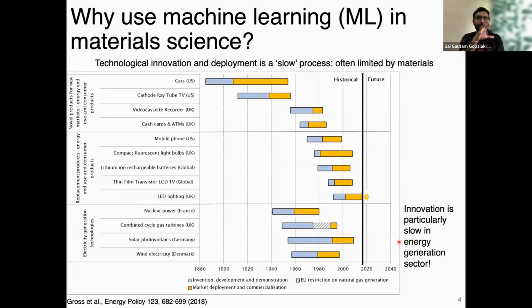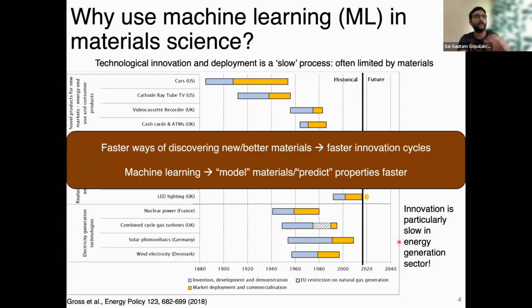So one of the key bottlenecks in the acceleration of a given technology area is the availability of good materials for that technological area. So here is where, if we can somehow accelerate the process of discovering new materials or better materials for a given technology area or application domain, we can actually accelerate these innovation cycles. So basically reduce the time it takes from innovation all the way to deployment.